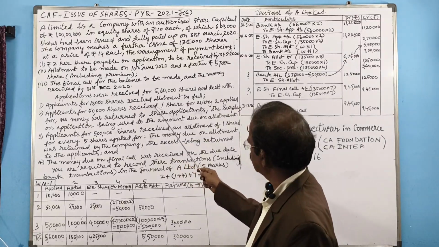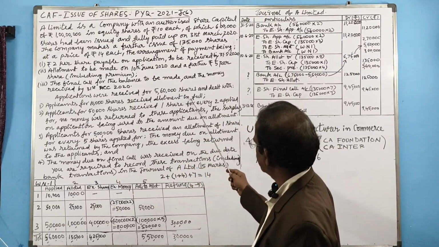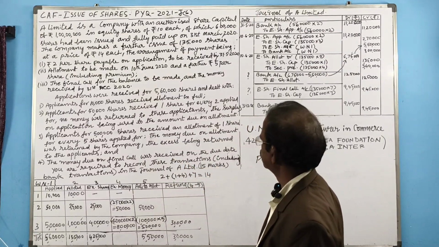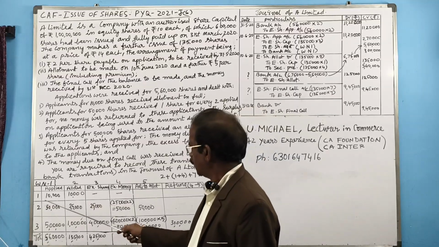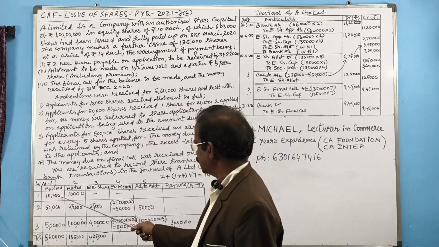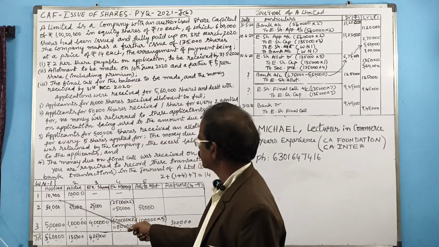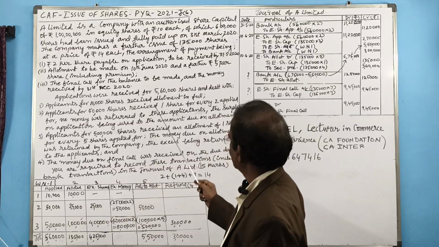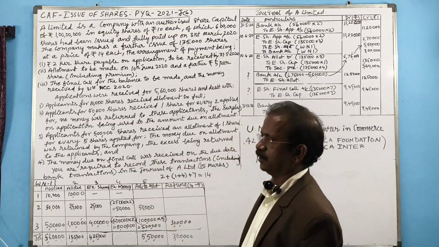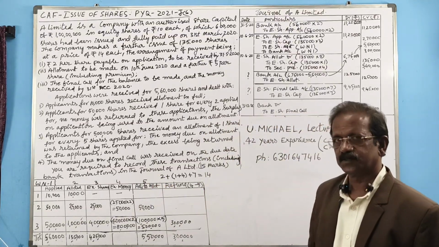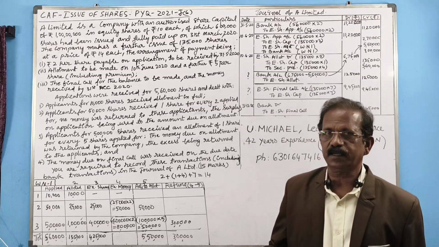10,000 shares received and allotment in full. 10,000 shares you have to write in the applied column because they applied. They were allotted in full, meaning they were allotted 10,000 shares.